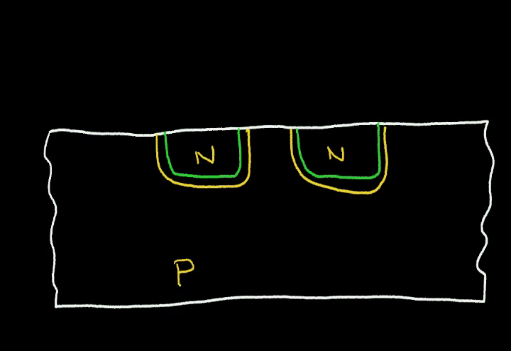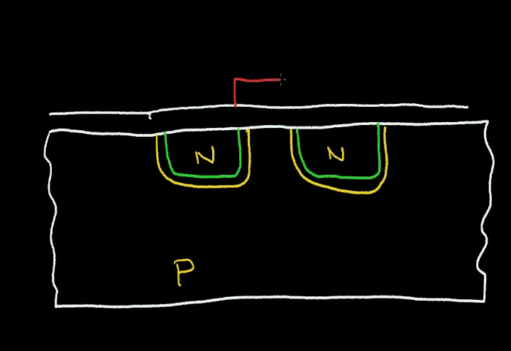Now, if I grow a glass region, let's say I grow a layer of glass on top of this structure, and I add over here a conducting electrode.